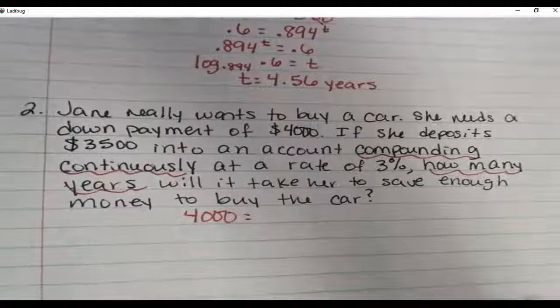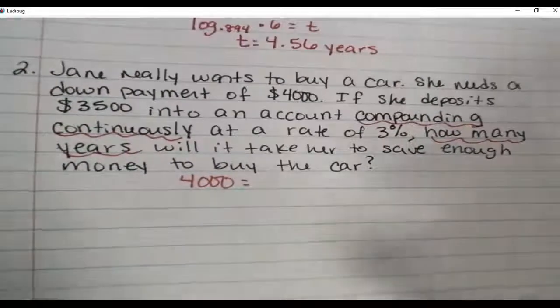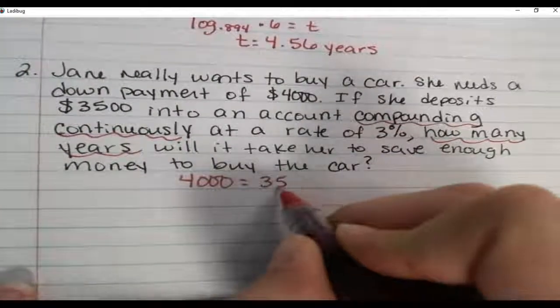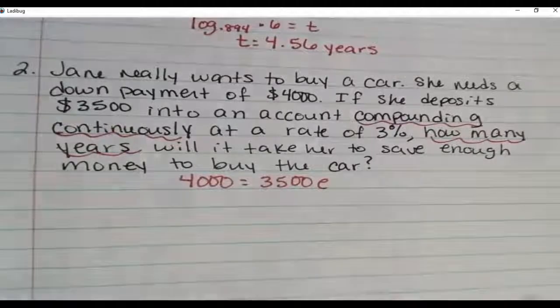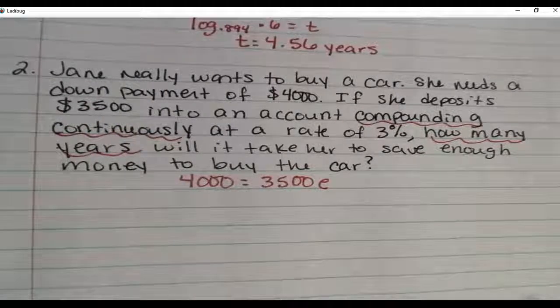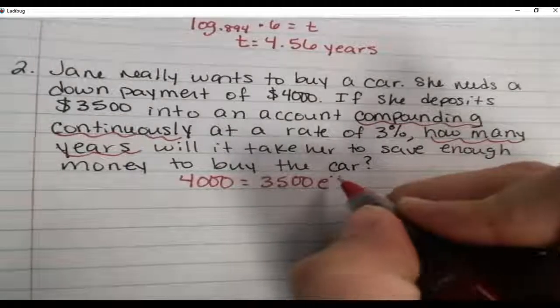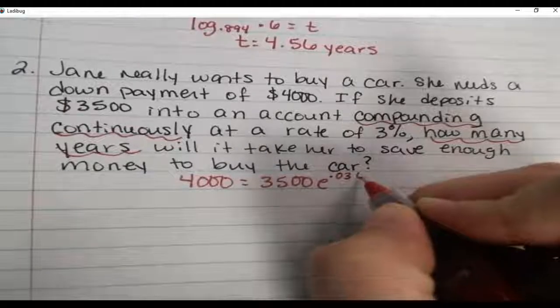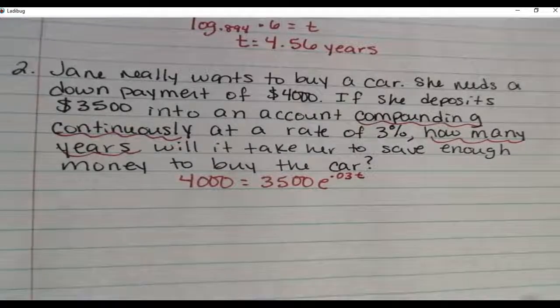How much does she start with? Good. And remember, E is E, the number E, not a variable. And then our rate as a decimal, good, 0.03 T. Because we don't know T, that's what we need to find.